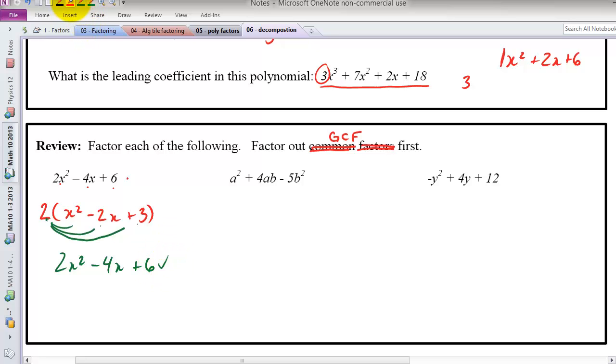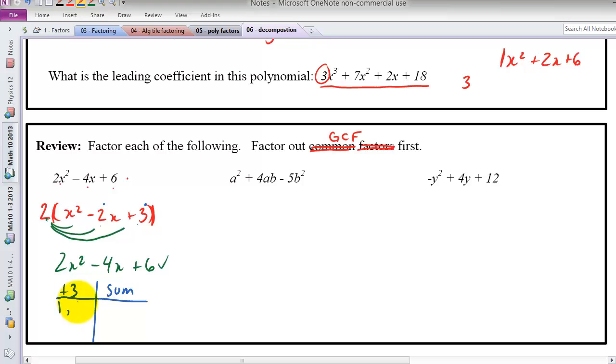The next thing we did last day was identify how we could factor this type of trinomial into two binomials. We were looking for two whole numbers that when multiplied gave 3 and when added would give negative 2. Maybe we were doing charts like this.